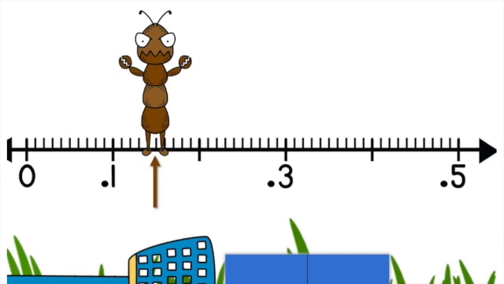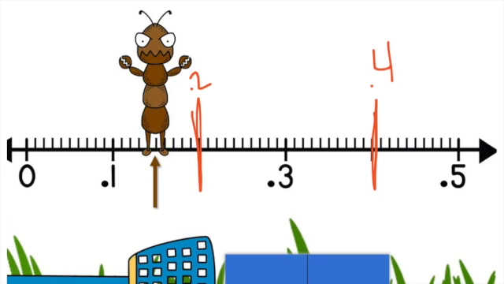Alright, here we have 1/10, 3/10, and 5/10. But we have big markers in between, which tells me that it would be 1/10, 2/10, 3/10, and this would be 4/10. So now I can easily see that my ant is in between 1/10 and 2/10.